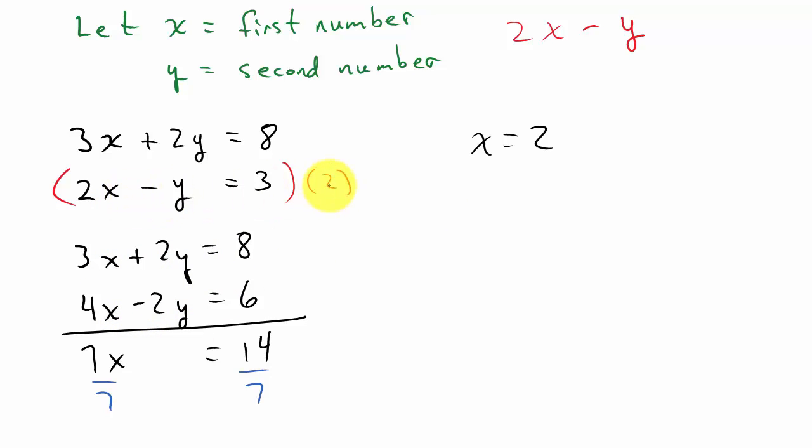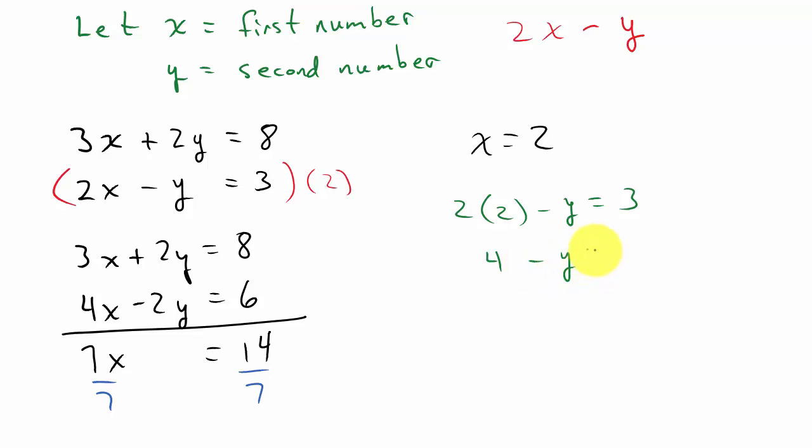So x equals 2, and I have to plug it back into one of these. I'm going to plug it into this one because it just makes it a little easier to solve, but you can plug it into any one and get the right answer. So that's going to be 2 times x, and I'm going to put 2 in the place of x, minus y equals 3.